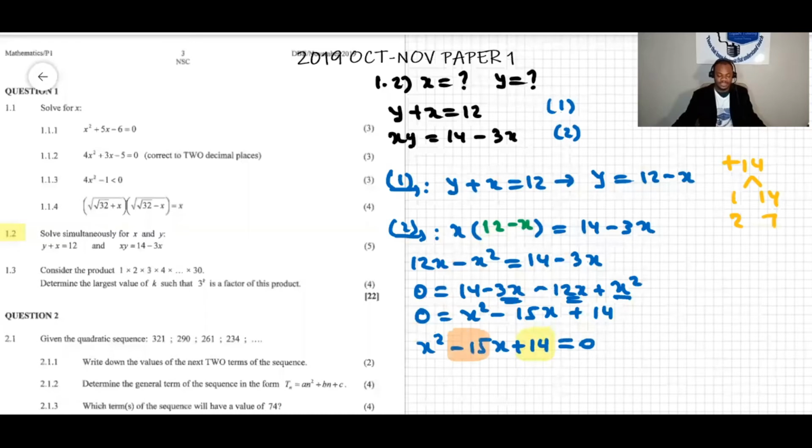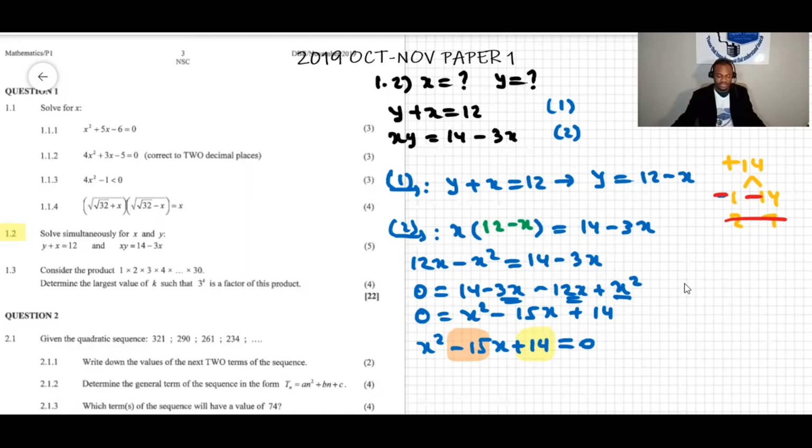So negative 15 is there, and we notice that the terms that can make negative 15 are basically negative 1 and negative 14. Okay, because 2 and 7 will never make negative 15. Now we can check. Minus 1 minus 14 is minus 15, and of course minus 1 times minus 14 is positive 14.